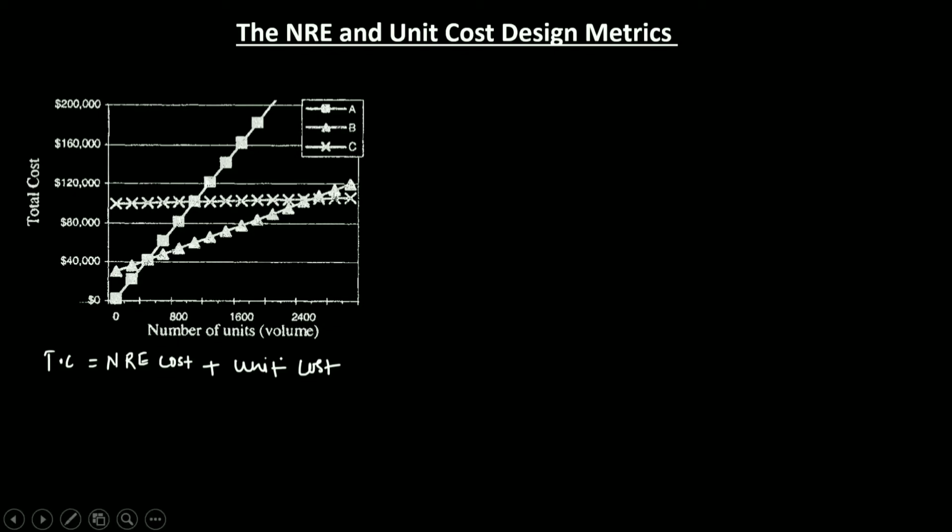We see from the plot that of all the three technologies, technology A yields the lowest total cost for low volumes, namely for volumes between 1 to 400, technology B yields the lowest cost for volumes between 400 to 2500, and technology C yields the lowest cost for volumes above 2500.